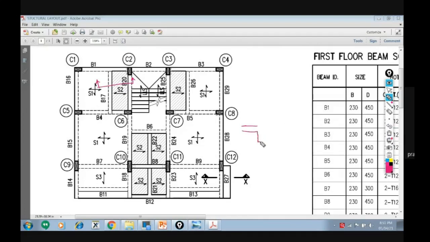It might be a duct. It is a sunken portion, a sunken slab in the toilets. So this is my S2, this is my S1, this is my B17, this is my B20.